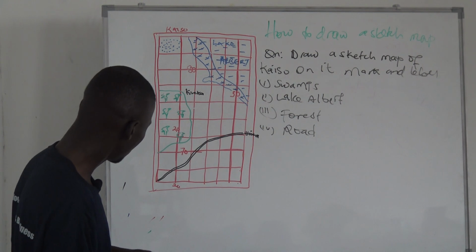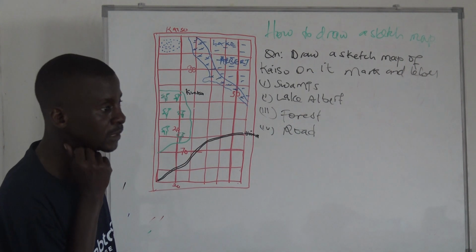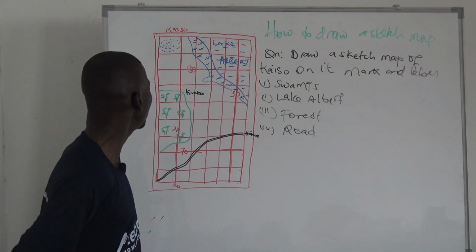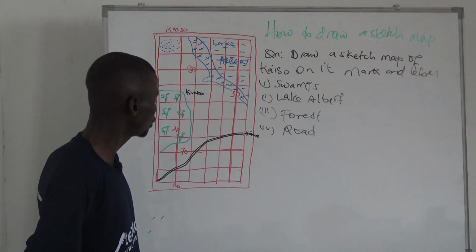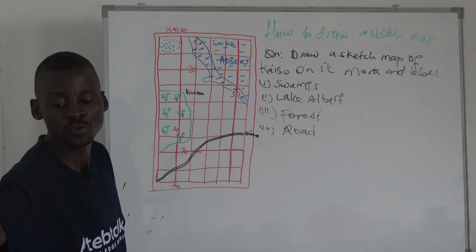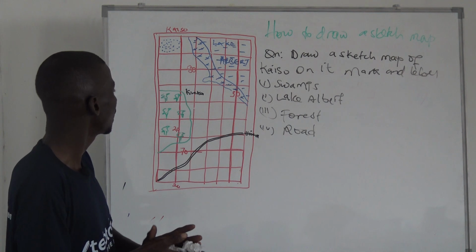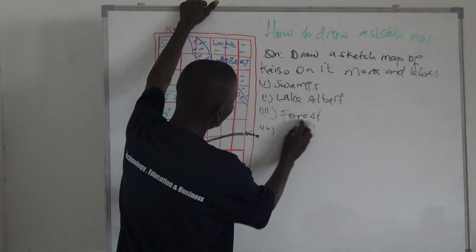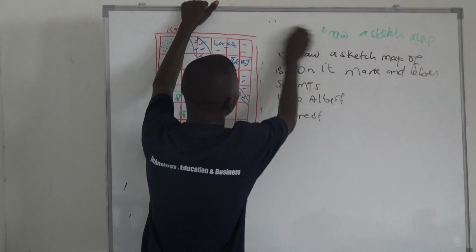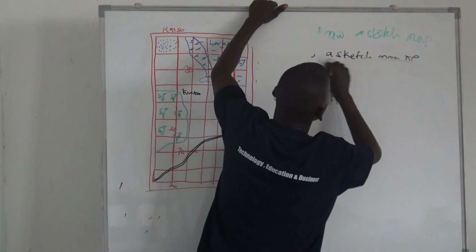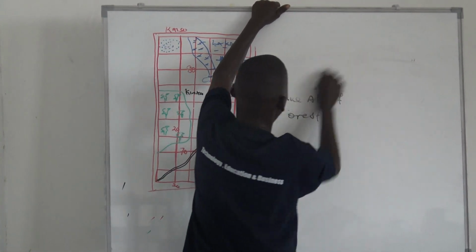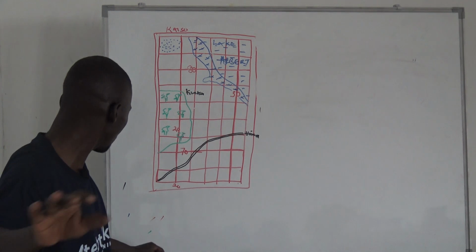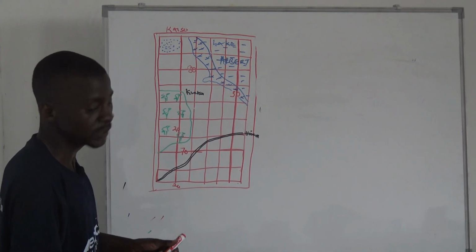How do you draw a sketch map? Usually a sketch map is bigger in size in comparison to our answer sheets, but they want it drawn on our answer sheets. So how do we do it? There are very many ways, but to begin with, we start by measuring using a ruler.